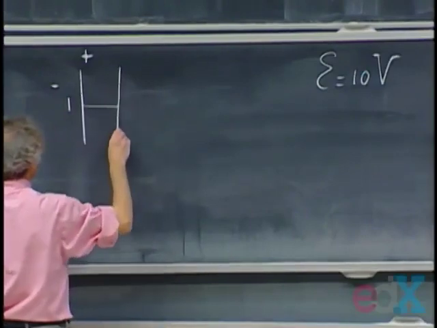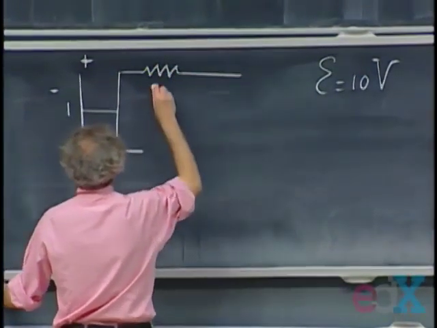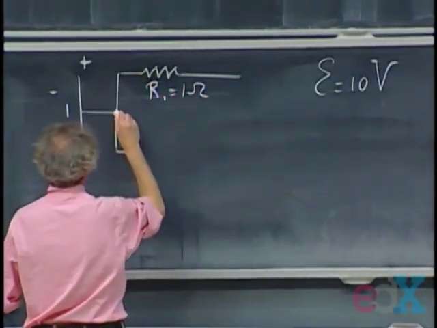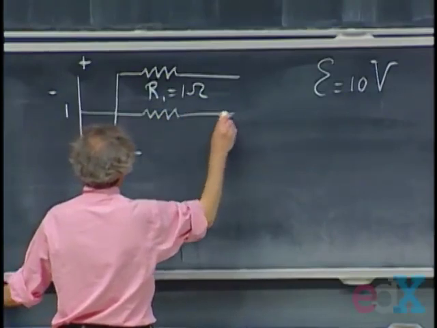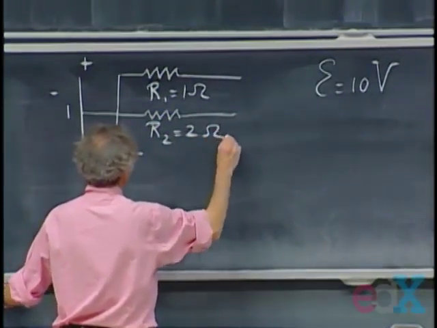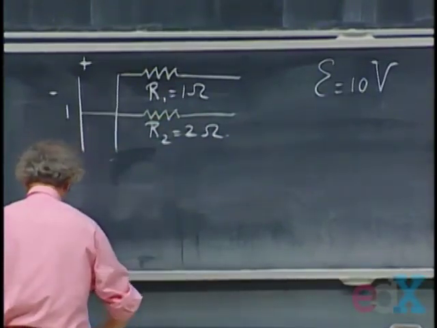And here, the current is going to split into 3. There is R1, which is 1 ohm. R2, which is 2 ohms. And then we have R3. I'll put it a little lower.